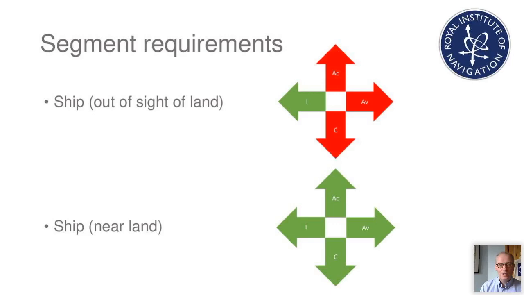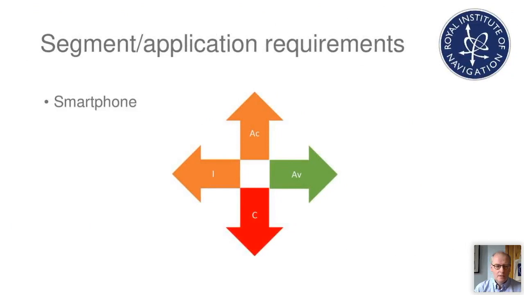So looking out of the window, in other words, or maybe using differential corrections and other positioning tools and techniques. So there are a couple of examples with respect to ships.